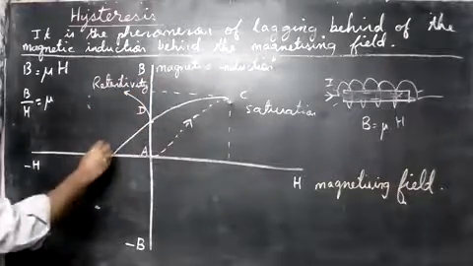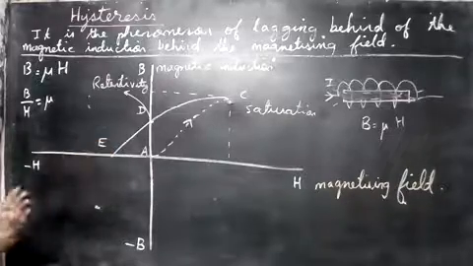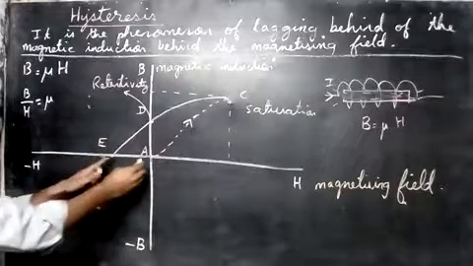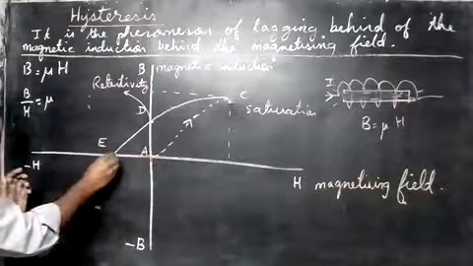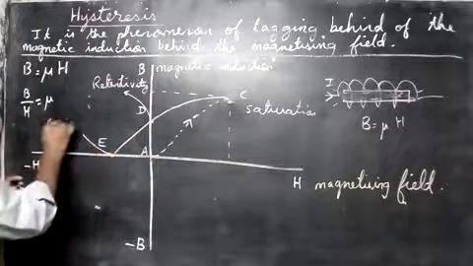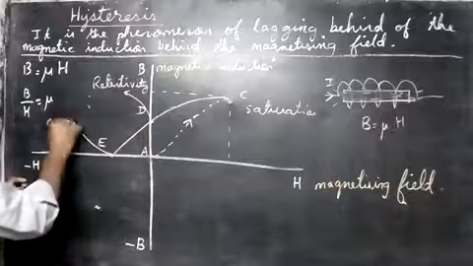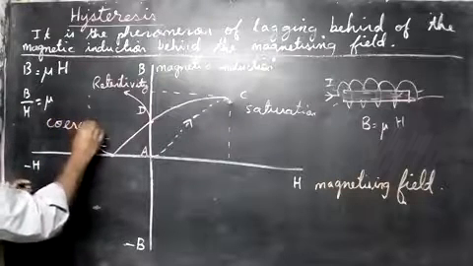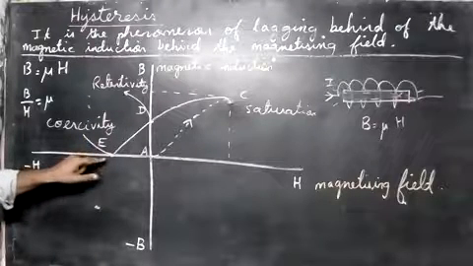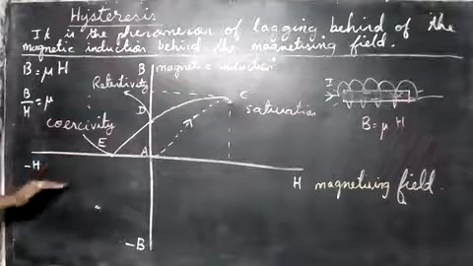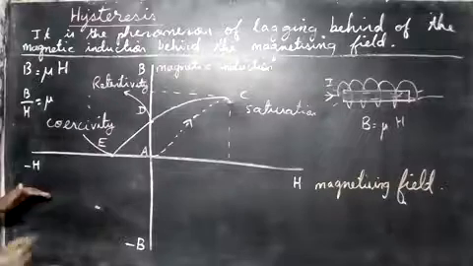We name this point E. See this now, AE. This distance is called coercivity. We'll come to definitions a little later. Coercivity.